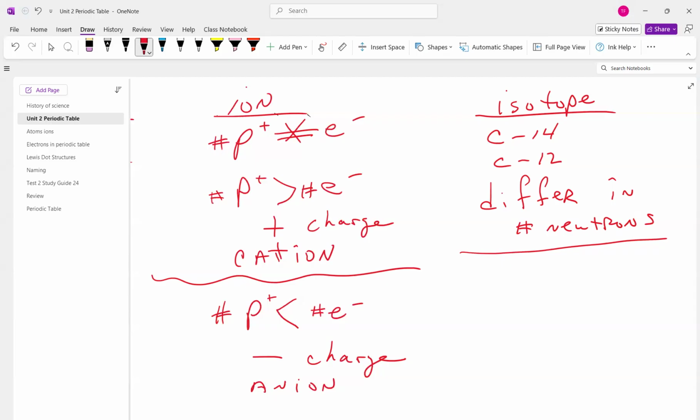Okay, so let's delve into carbon-14 and carbon-12. How do you know how many neutrons carbon-14 has? Well, carbon-14, the 14 means there are 14 total particles.